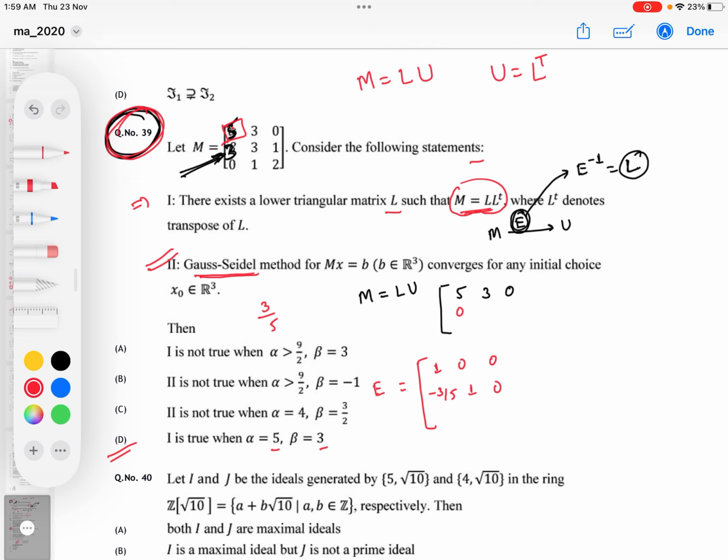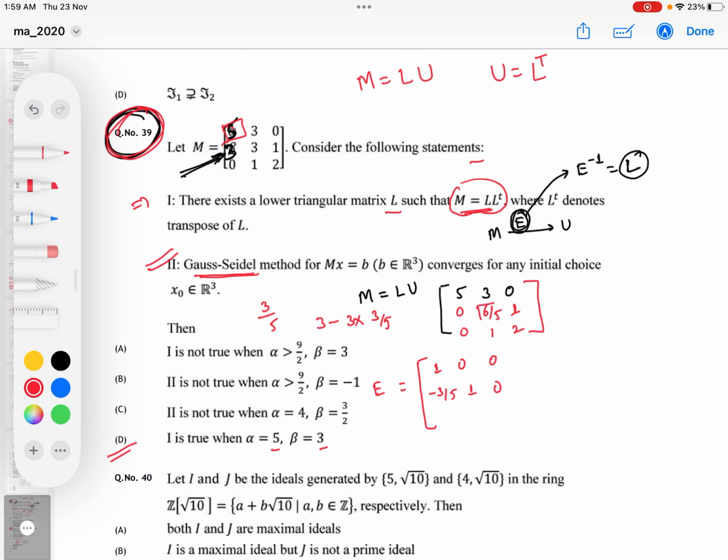Here it will be 0, and here it will be 3 minus 3 into 3 by 5, so 15 minus, here it will be 6 by 5, and here it will be 1 itself, and 0, 1, 0. So this is the first step of elimination.